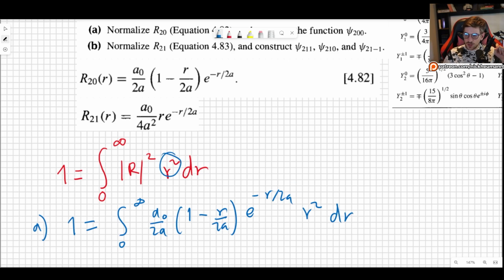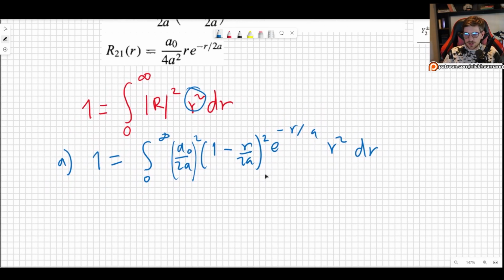So we still have to square this thing, so let's just square it right away. We get r over a here, then we have this polynomial squared, and then we have a0 over 2a squared. Okay, so this gives us 1 is equal to a0 squared over 4a squared.